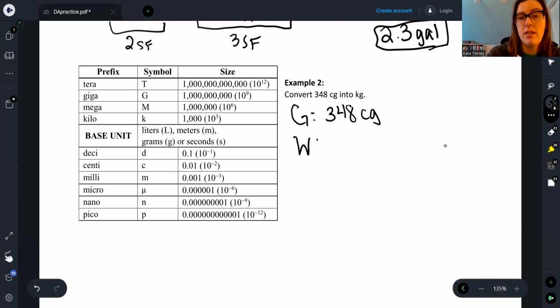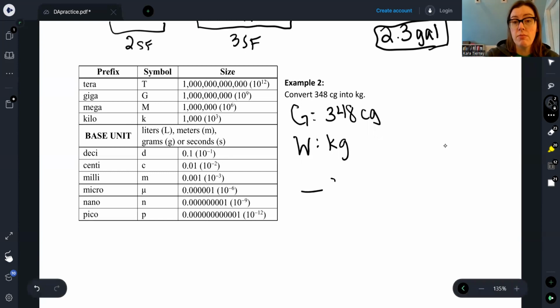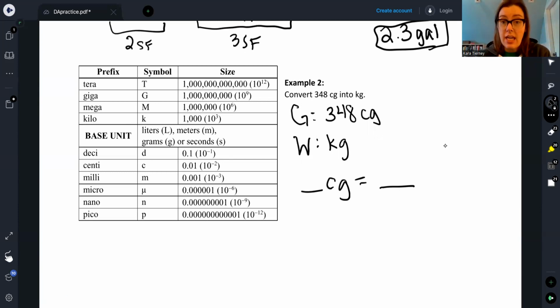My wanted is kilograms. This problem can be particularly tricky for students if they do not recognize that this is a case where we can't directly relate the two units. Whenever you're writing a relationship using this prefix chart, let's say we're talking about centigrams, I cannot put equals to kilograms because I already have centi in here.